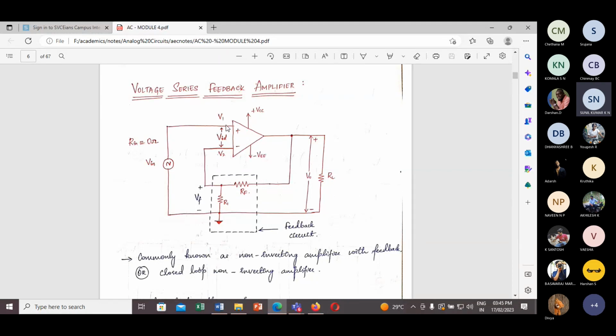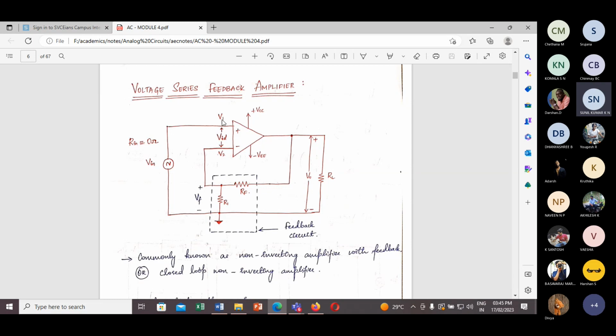As I told, the input stage is made up of a differential amplifier, so it is connected in series fashion. Voltage is mixed in series fashion at the input side, whereas voltage is sampled at the output, connected in parallel fashion. So at the output side it is parallel, and at the input side the voltage is connected in series.